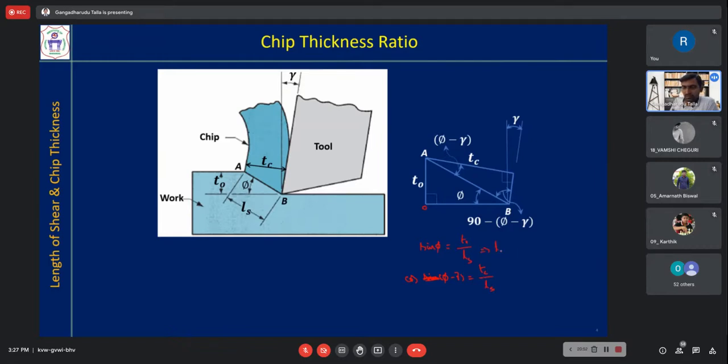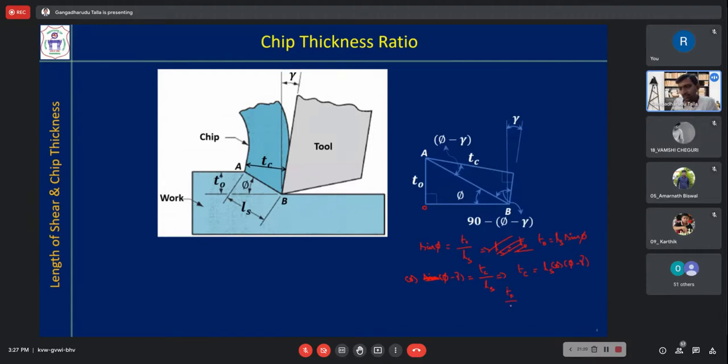So from here, T0 equals LS sine phi, and TC is equal to LS cos of phi minus gamma.